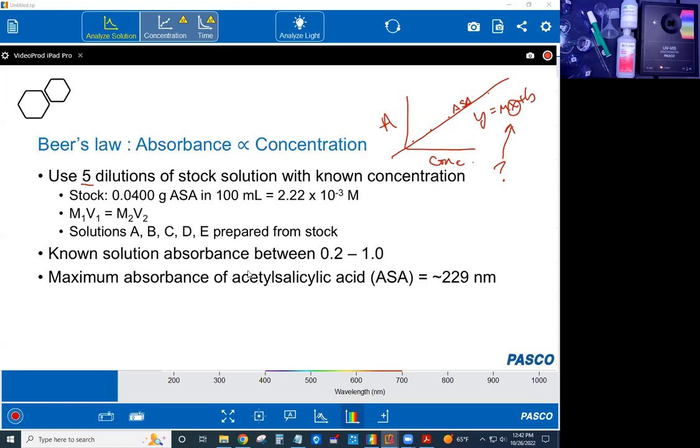Okay, I will show you the directions for this investigation as we get towards the end of the presentation. There is a lab written with directions and all the materials listed and all the procedures and everything. So in the teacher version, teachers are directed to make the stock solution of acetylsalicylic acid. And the directions say you use just 0.400 grams. So you need an analytical balance that reads to the 10,000th place in order to do that.